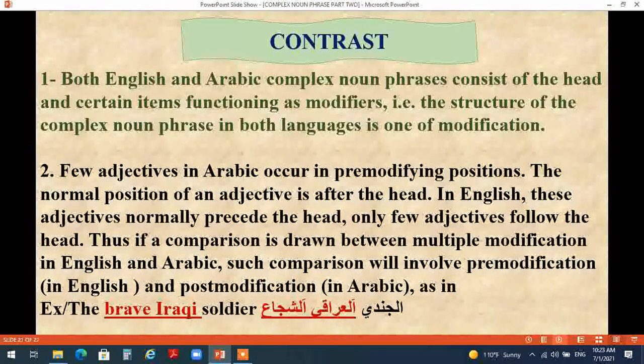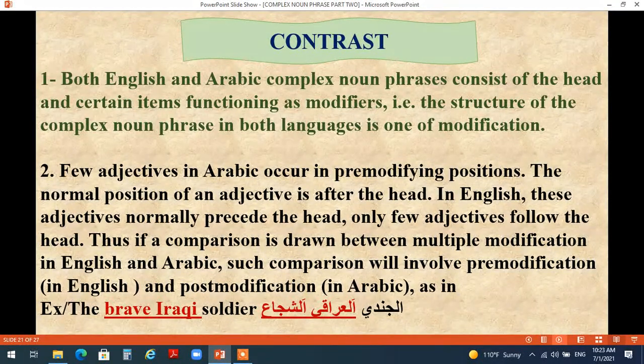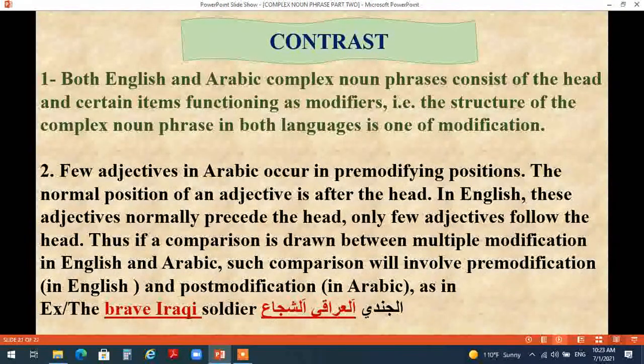So, the first contrast states that both English and Arabic complex noun phrases consist of the head and certain items functioning as modifiers.